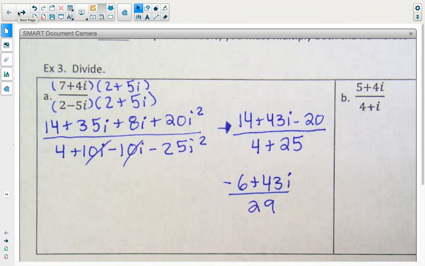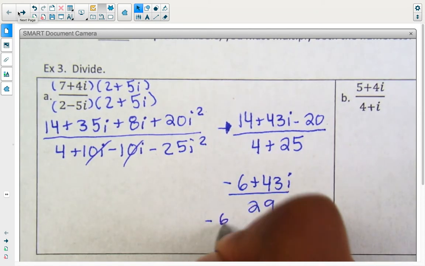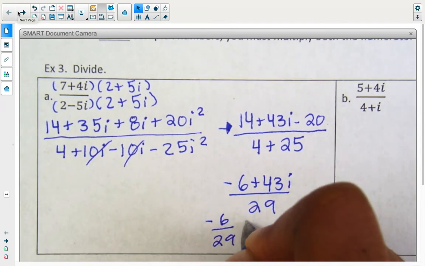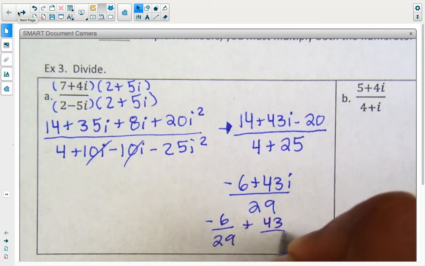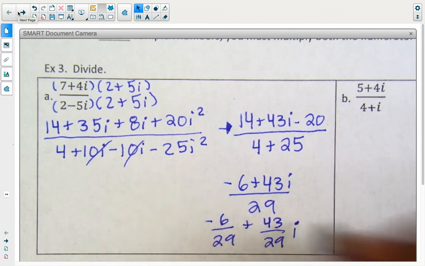Now we got some options. I can leave it like this. I can leave it as negative 6 plus 43i over 29. Or you can break it up so that you can distinctly see the real parts and distinctly see the imaginary parts. So if you wanted to break it up like this, this would be fine. So you got options.